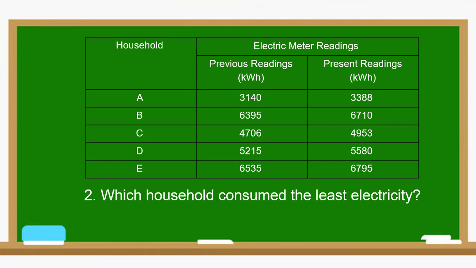Which household consumed the least electricity? The answer is household C.